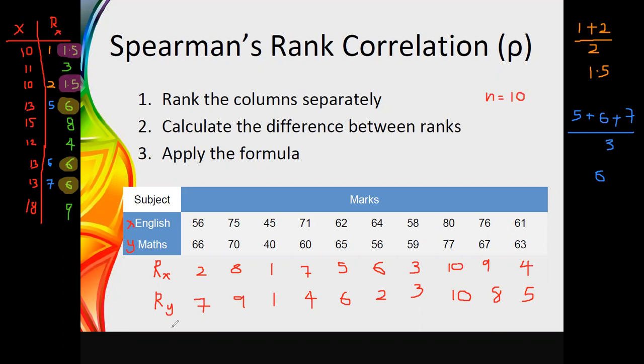And now we need to take the value of d and d squared. If you can directly take the value of d squared, you can do so. Otherwise, you can take the value of d, which can be calculated anyway. You can take it as Ry minus Rx, or the other way around, because at the end we need the value for d squared only.